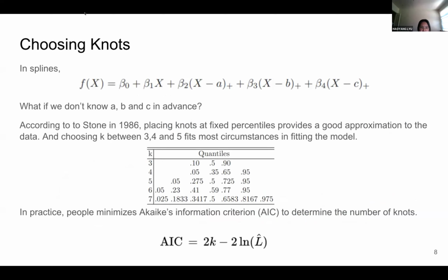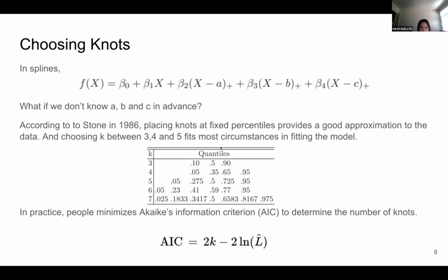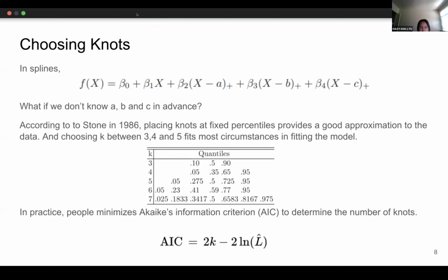According to a paper by Stone in 1986, he pointed out that where we place the cutoff points doesn't really matter, but it's actually the number of knots k that is more relevant to fitting the model. So in practice, people place knots at fixed percentiles, but people might choose k.